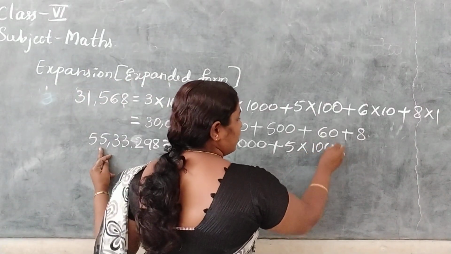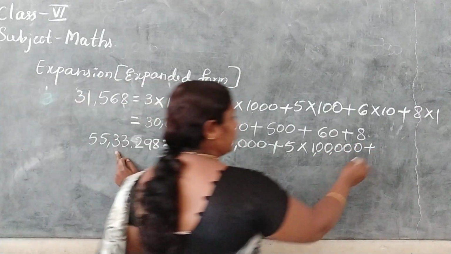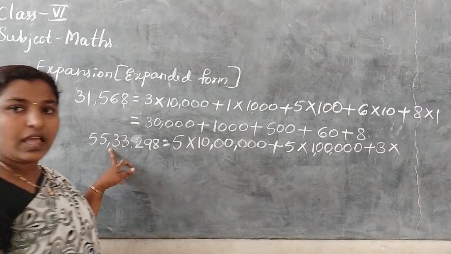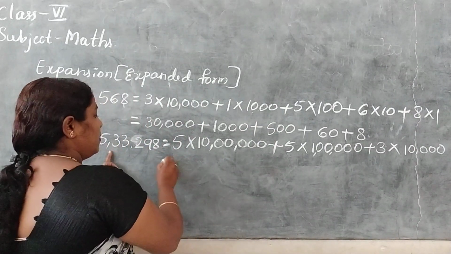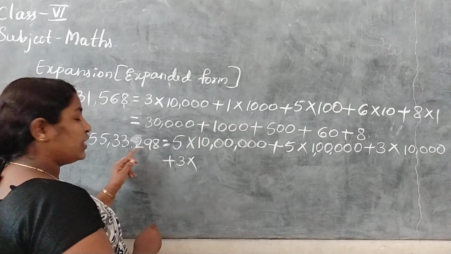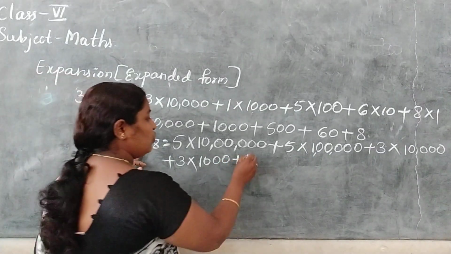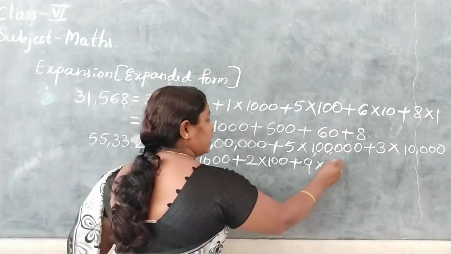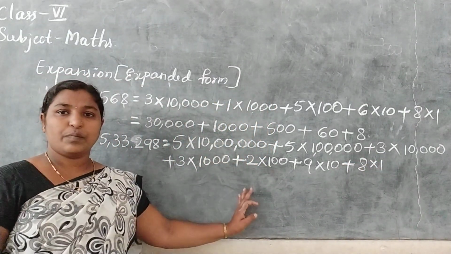So you should write here lakh. Then plus 3 into 10,000, then plus again 3 into 1,000, plus 2 into 100, plus 9 into 10, 8 into 1. So this is the expansion.